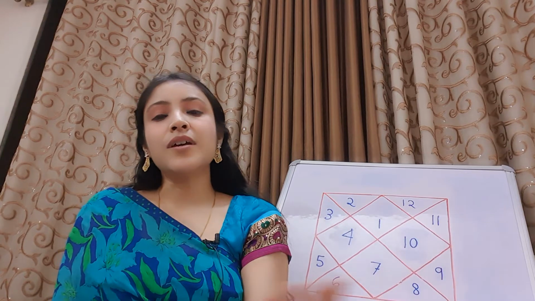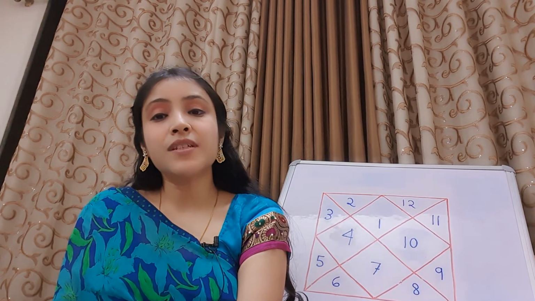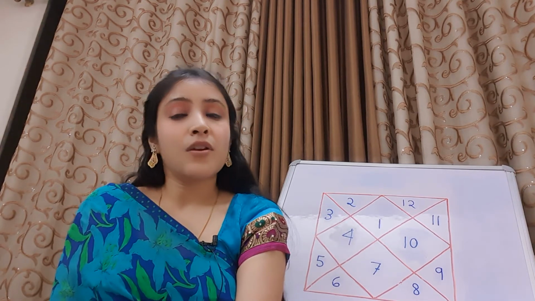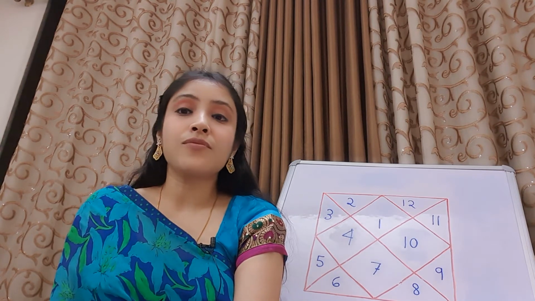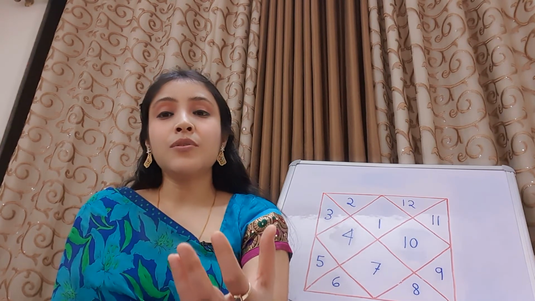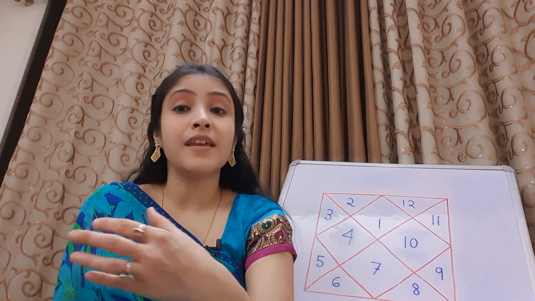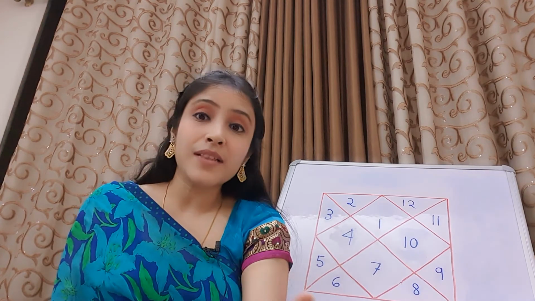Now let us go to the 8th house. 8th house is the house of longevity. 8th house is the house of death, even sorrow. 8th house is also the house of all kinds of hidden things, hidden knowledge, hidden wealth.